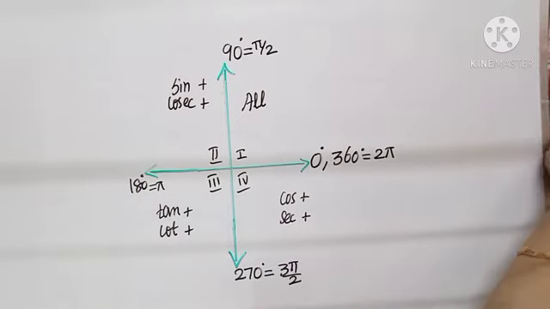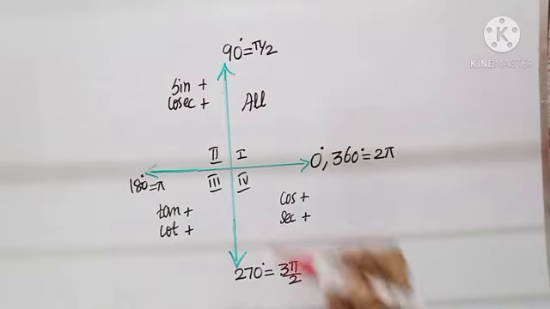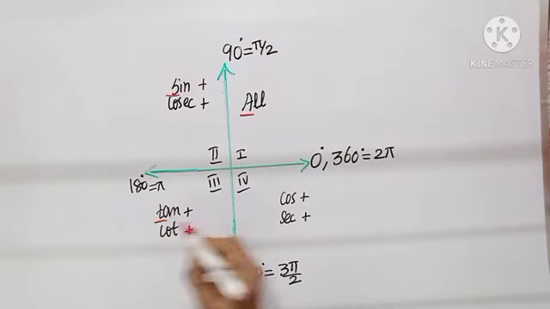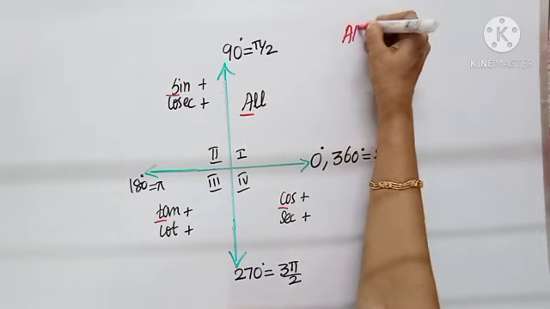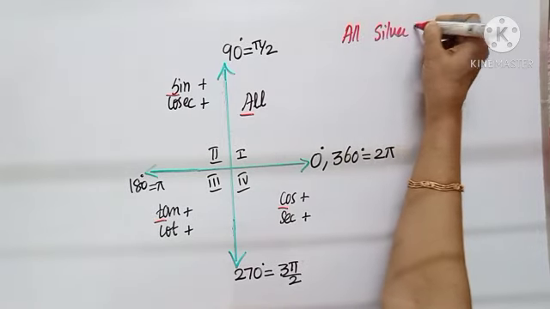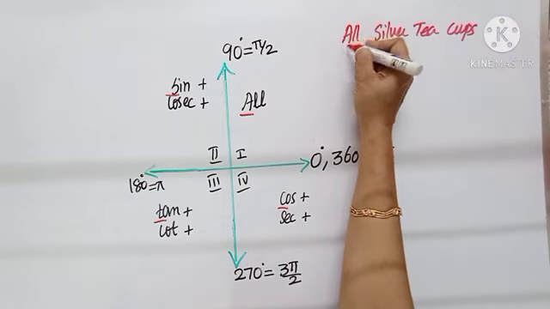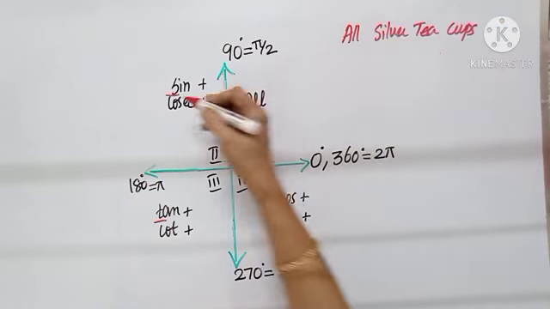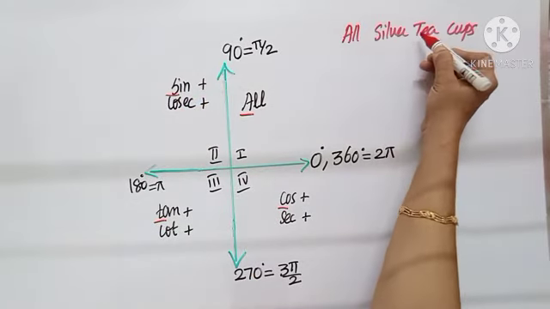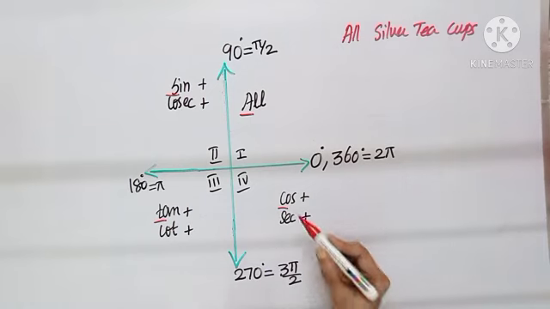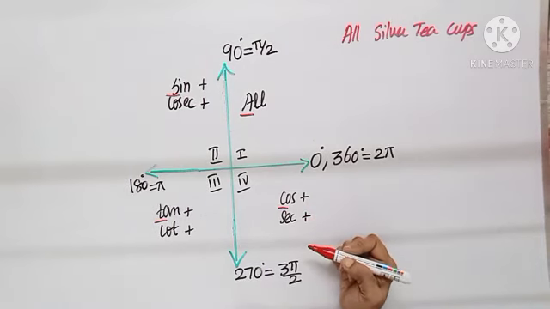We remember the very first letters. All silver tea cups. To remember the code word, all silver tea cups. So A tells me all the ratios, S for sine and the reciprocal cosecant, T for tan and the reciprocal cot, and C for cos and the reciprocal secant.